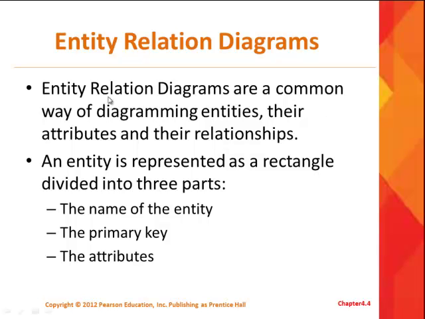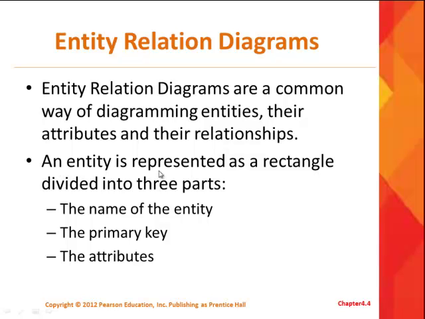The attributes are really just the fields that are in the tables or in the entities. So at this point, attribute and field mean the same thing, but in the logical design stage, we'll refer to it as entity and attributes. There is a chart coming up in the slide set showing you the terminology similarities between logical and physical design.